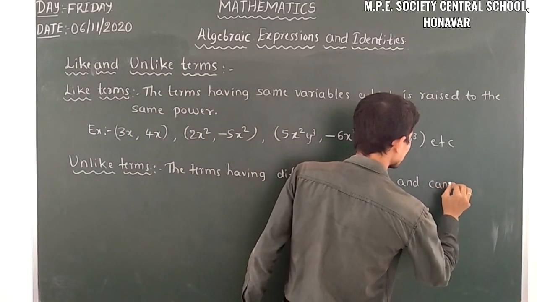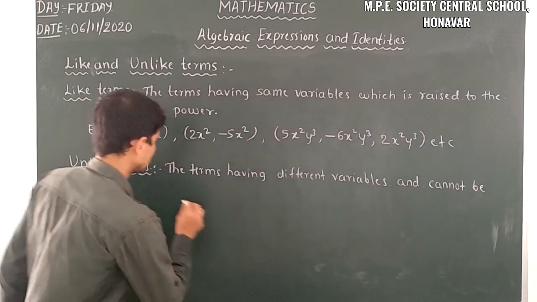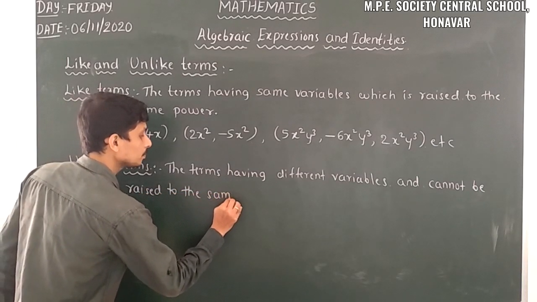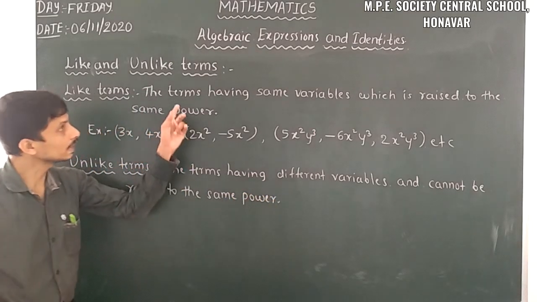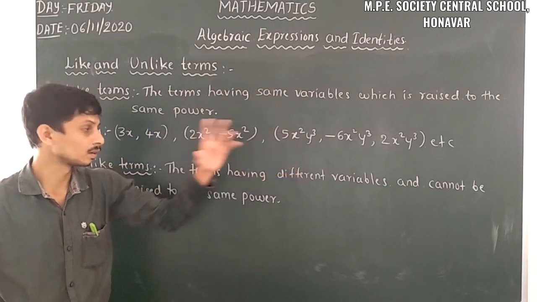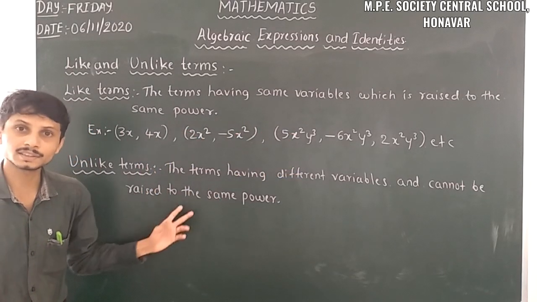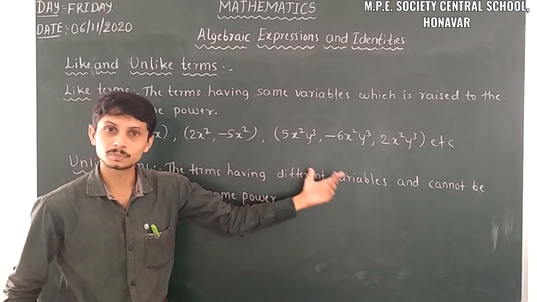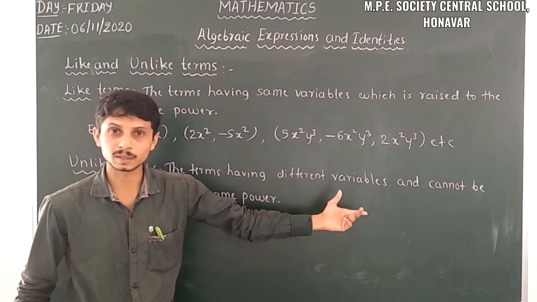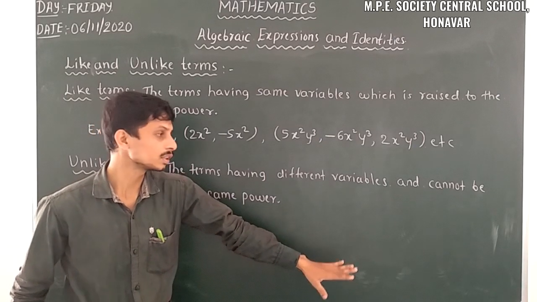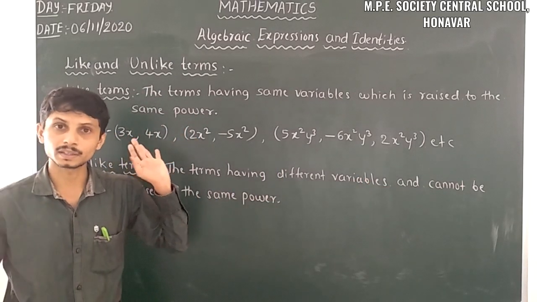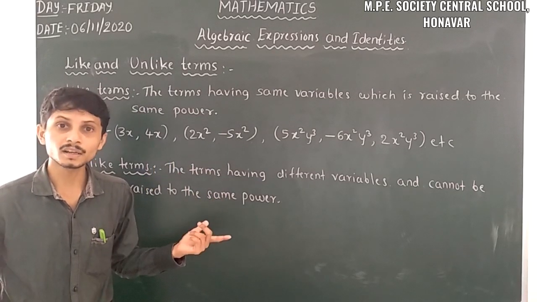In like terms, we have to take both conditions: the same variable and the same power. But in unlike terms, there are two conditions. It must be of different variables. Even if the power is the same, if we have different variables, then we can consider them unlike terms. And if it is the same variable, then it cannot be raised to the same power. So there are two conditions.